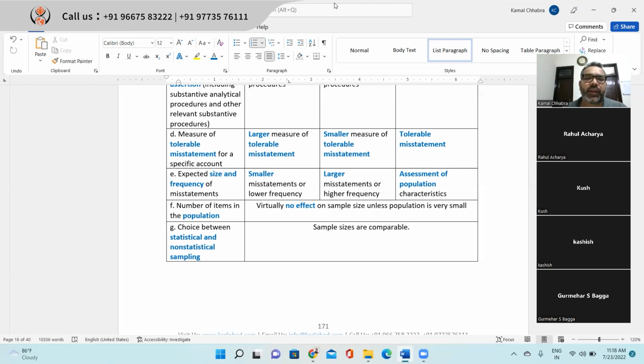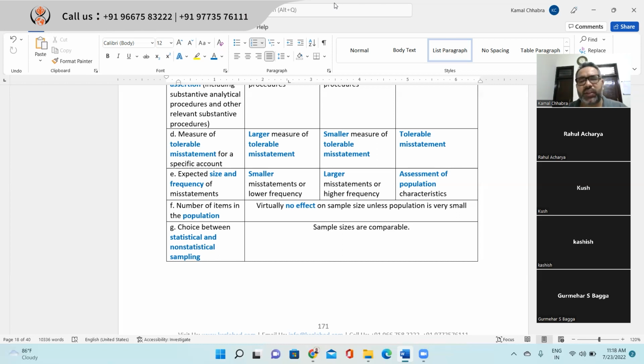Fifth is expected size and frequency of misstatement. If the frequency is low, then the sample will be low. If the frequency is high, then the sample would be more. Assessment of the population characteristics is the consideration: number of items in the population. If the number of transactions is very low, then it will impact the number of samples.